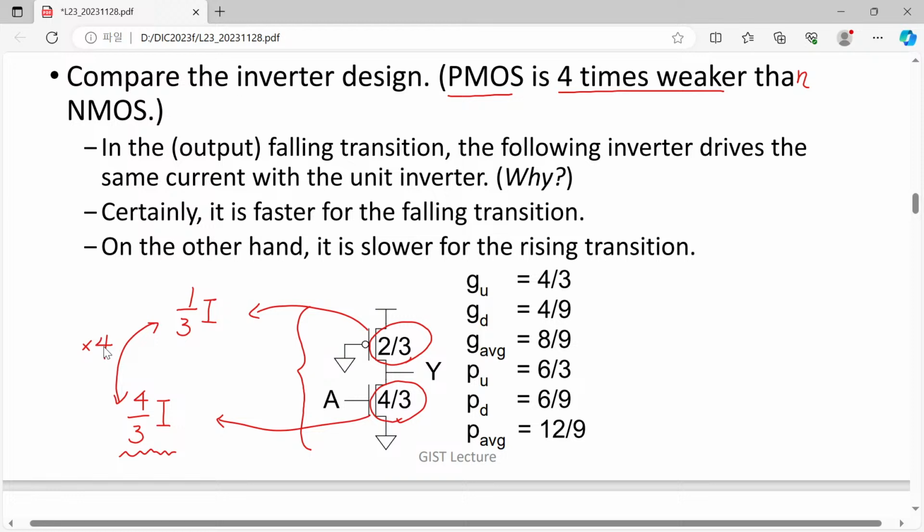Yes, we know it, but why do we have such a strange thing? Please note that this sizing tries to match the unit inverter.